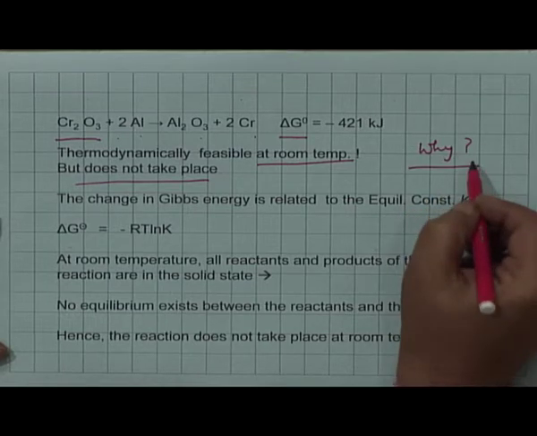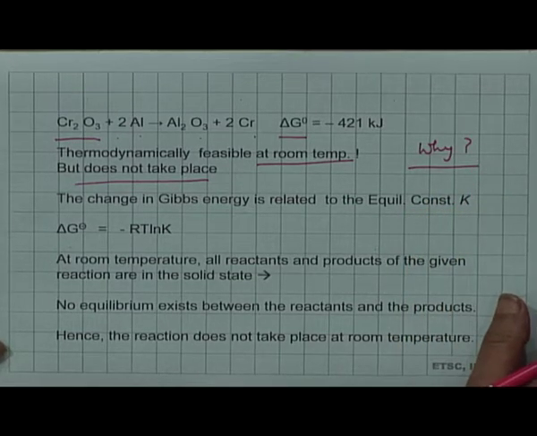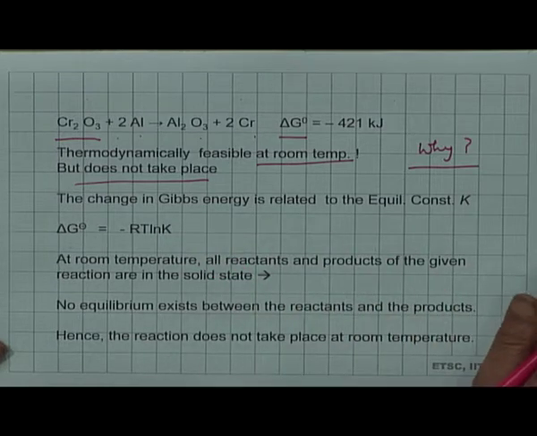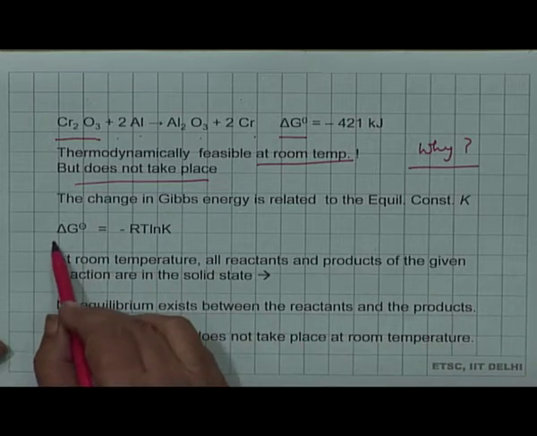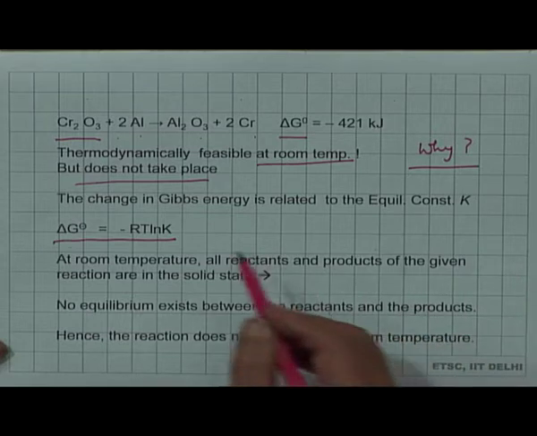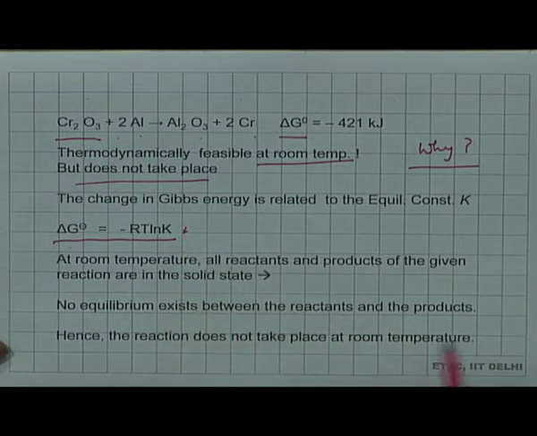Why does this not happen when it is predicted on the basis of the parameter delta G0 as well as on the basis of the Ellingham diagram? We can explain this anomaly if you look at the relationship between delta G naught and equilibrium constant.